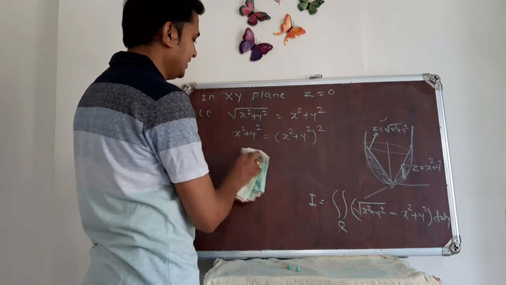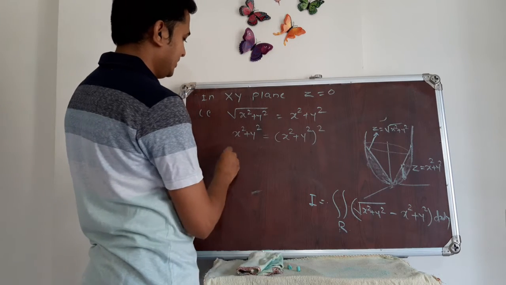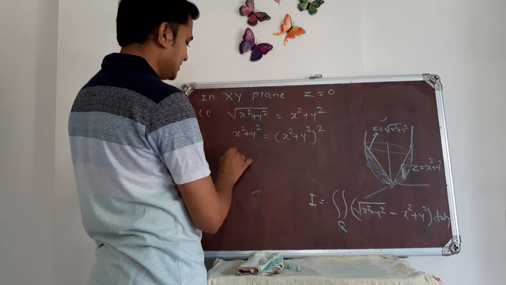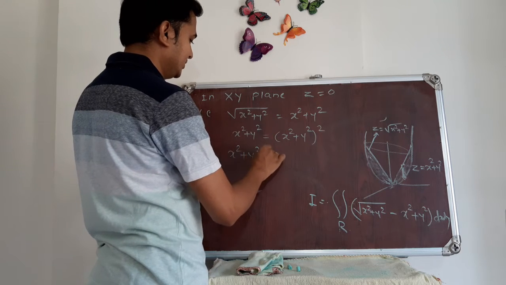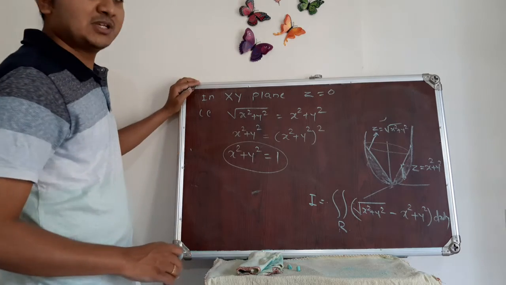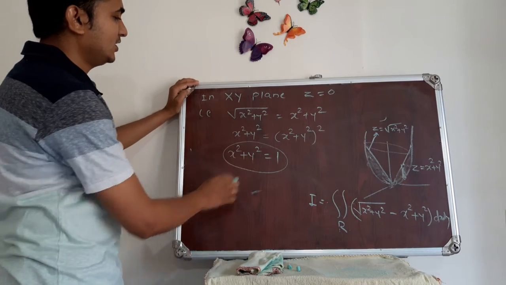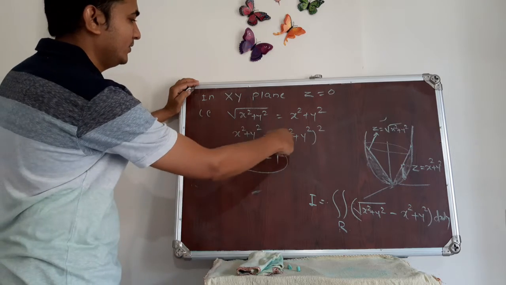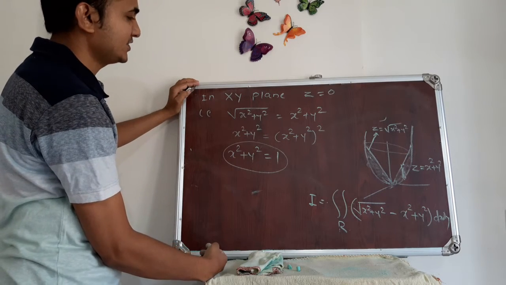Which is simply, x square plus y square will get cancelled, and x square plus y square equal to 1. So the two-dimensional region is a circle of radius 1.